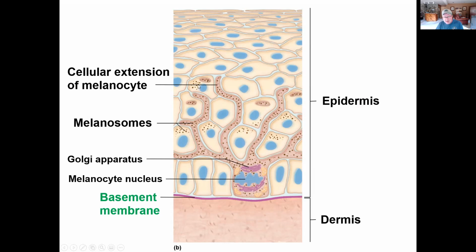As you can see here, there are 1, 2, 3, 4, 5, 6, 7 cells that have deposited melanin that came from this melanocyte. Not only that, but the melanocyte itself, of course, has melanin in its little cytoplasmic extensions. We're going to talk more about melanin in just a few minutes, but that's an important pigment.